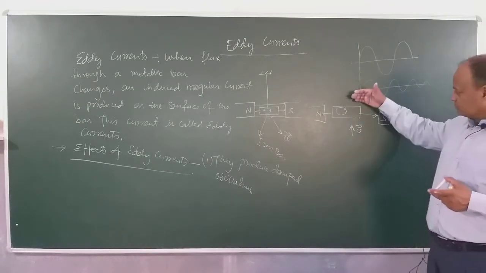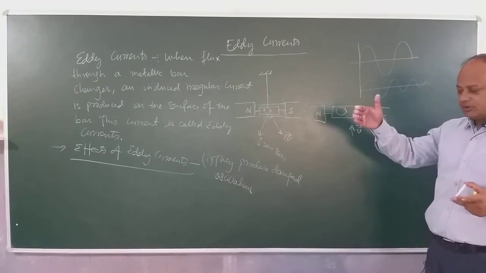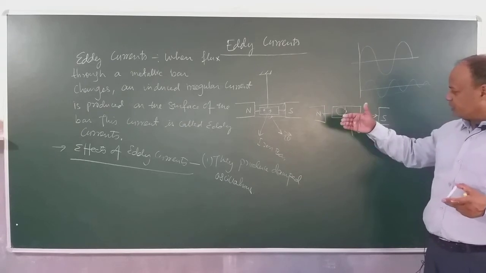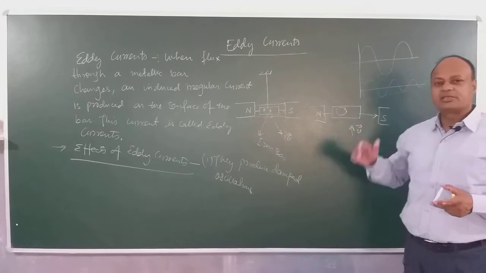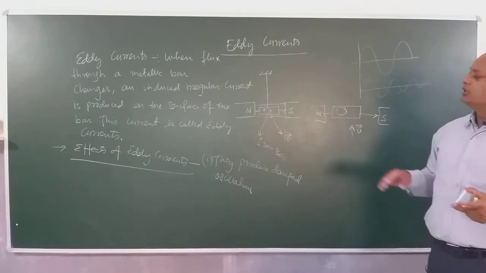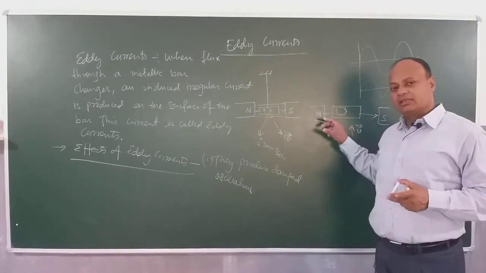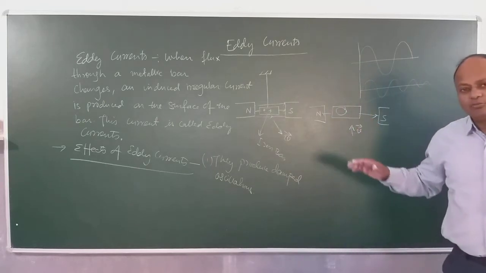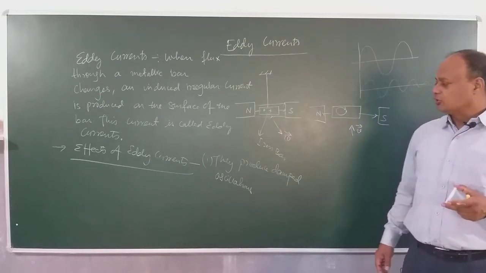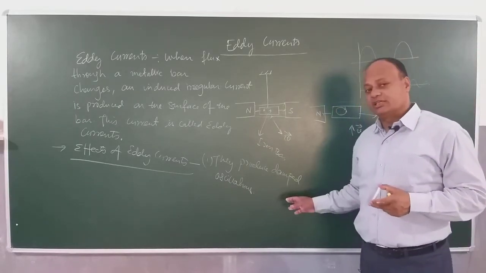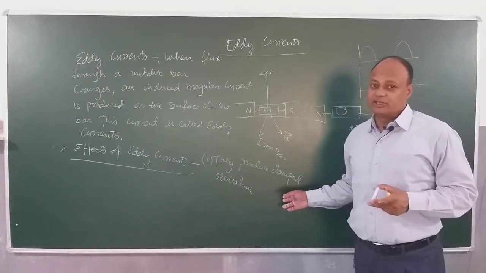Remember, once it swings up to here, next time it will swing only up to here, next time only up to here, and then it will stop. Means they will not allow this iron bar to move freely in the magnetic field, right? So they produce damping oscillations, and this is very instrumental.